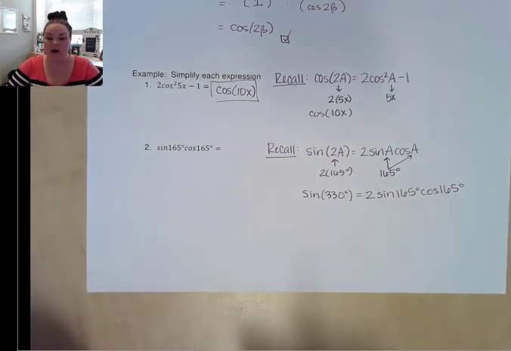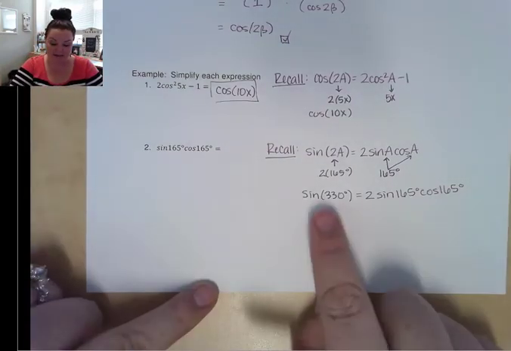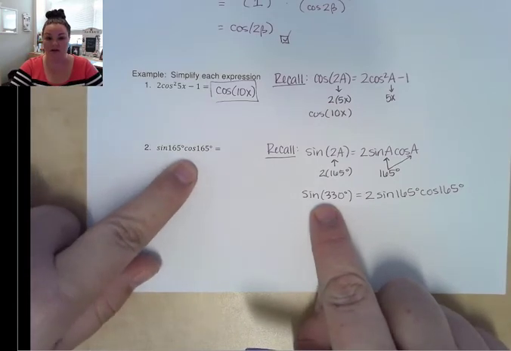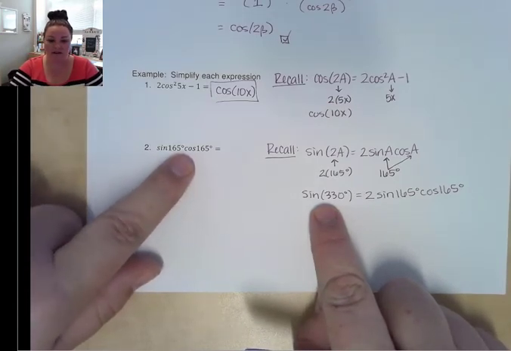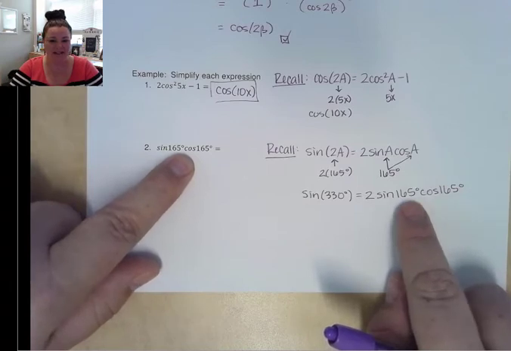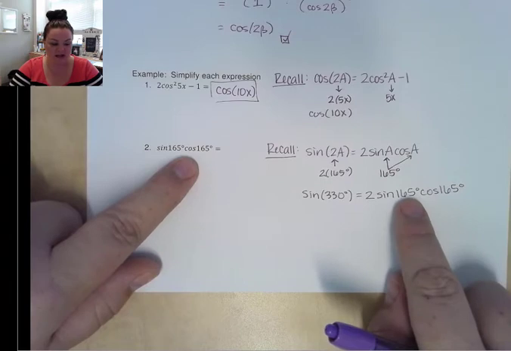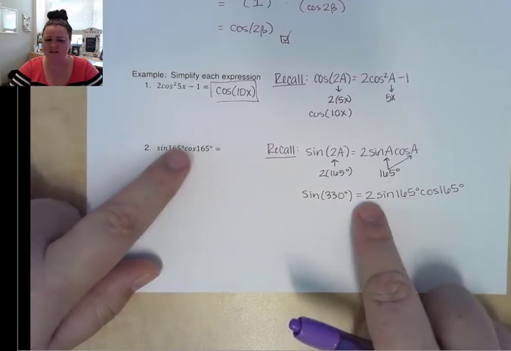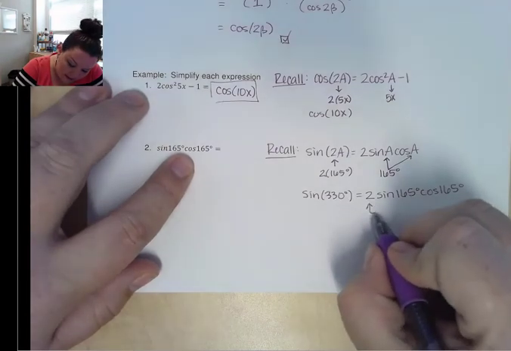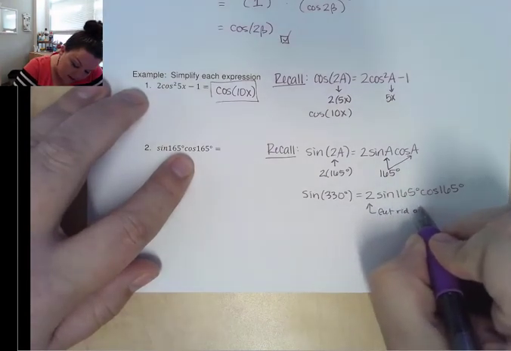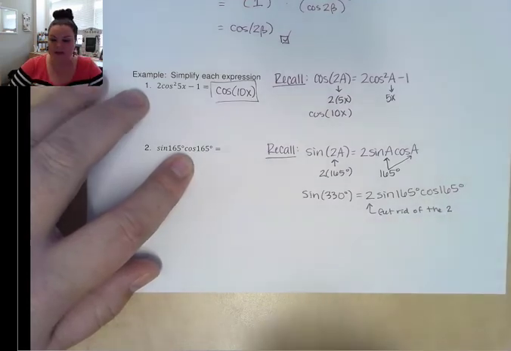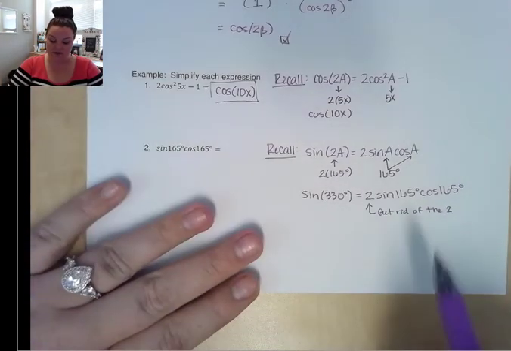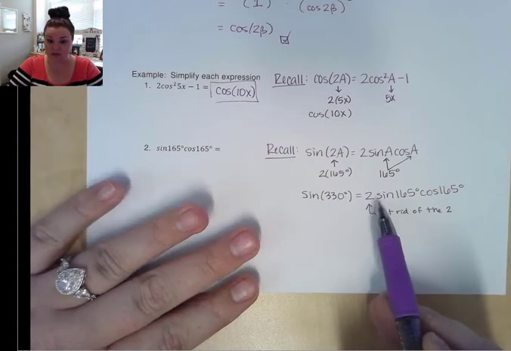Okay. Now, I can't on this one, like the last one, go ahead and say, oh, well, this just equals sine of 330, right? Because what we were given does not yet look like this right-hand side, right? These two are not the same, so I can't just replace it. The thing that is stopping my right-hand side from looking like what I was given here is this 2, right? I wasn't given a 2. So I need to get rid of the 2. And the way that I can get rid of the 2, if it's written side by side, it's being multiplied, right?